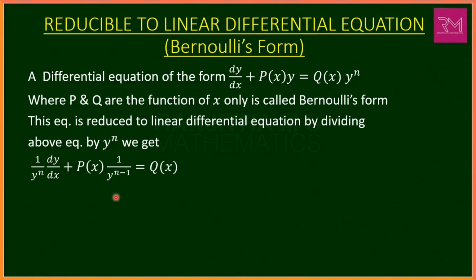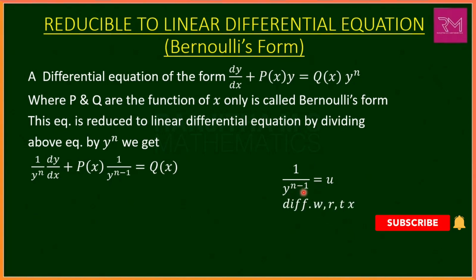To reduce this to a linear differential equation form, in the next step, we take 1 by y power n minus 1 as u. Next step, you have to differentiate this term with respect to x. We get 1 by y power n minus 1, which if you take to the numerator becomes y power minus n plus 1.